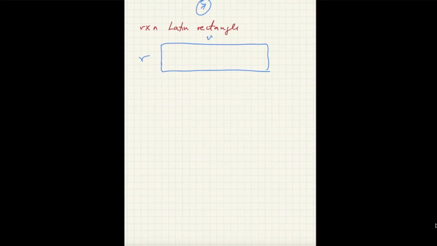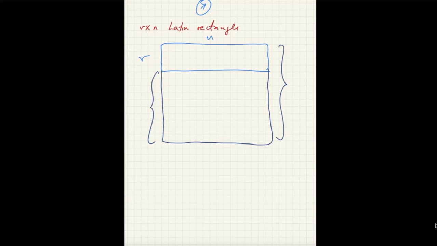So this is R, this is N. Can we find a way to fill up the rest of the positions such that what we have here is going to be a Latin square? So the question is, can an R by N Latin rectangle be completed to a Latin square?